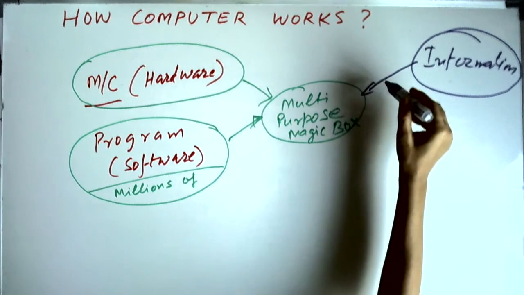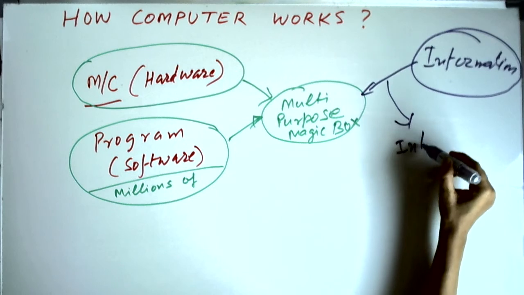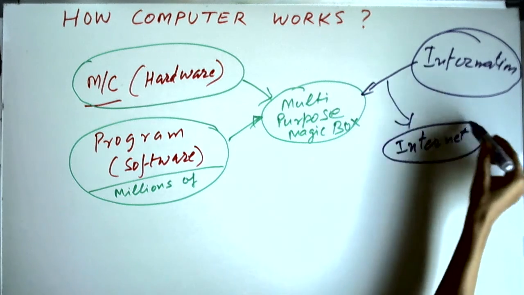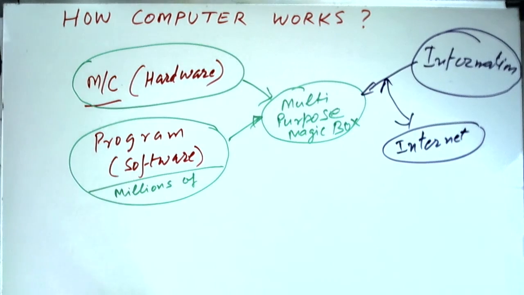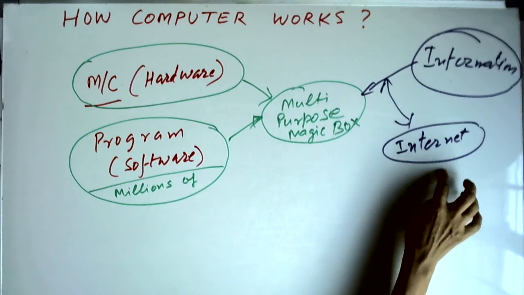And for this, you need internet. Because this information is not on your computer, but this is lying somewhere else on someone else's computer. So for you to get this information, you need to connect to that computer, and that connection comes through internet.